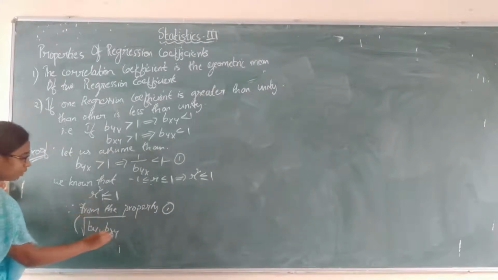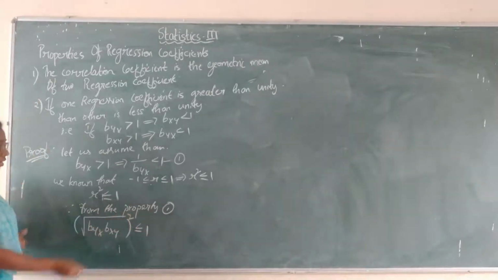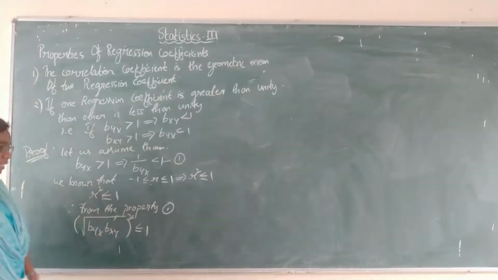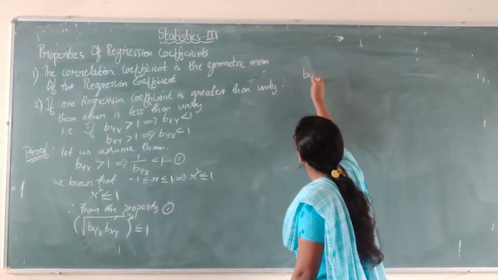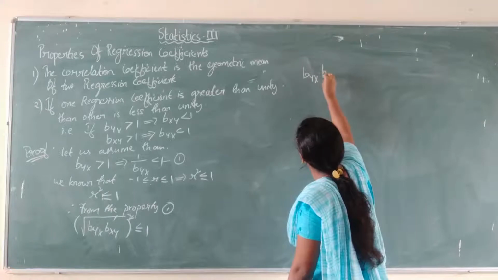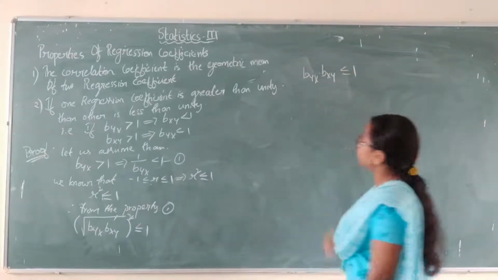This is the R value, right? So R square is less than or equal to 1, so the square and root get cancelled, and you will have only Byx into Bxy is less than or equal to 1.